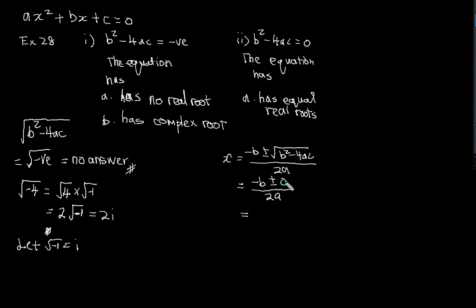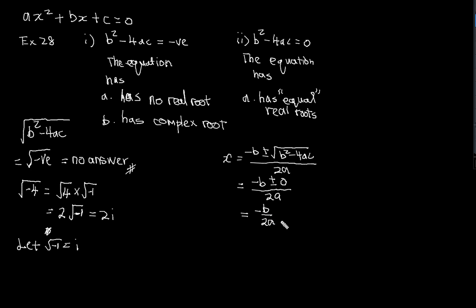Basically, it's the same root, because plus 0 and minus 0 don't make two different answers. It will still give you one simple answer, that is minus b over 2a. Actually this is plus 0, the other one is minus 0, but they are the same. So the important word is equal, they are equal. But there is still an s to explain the two roots, plus 0 and minus 0.